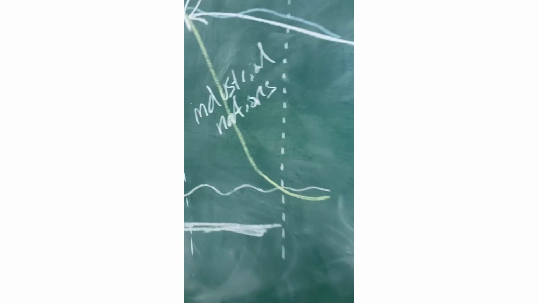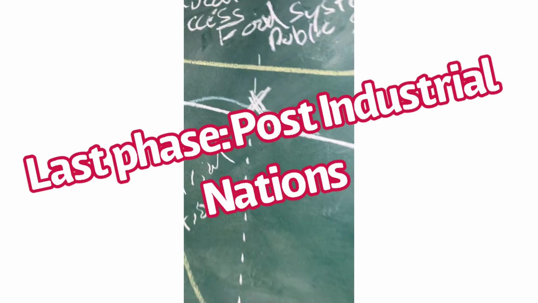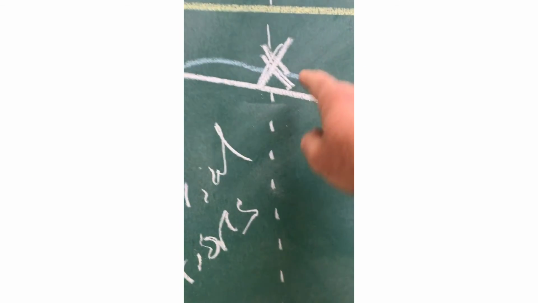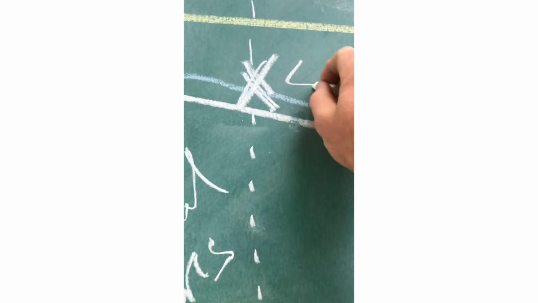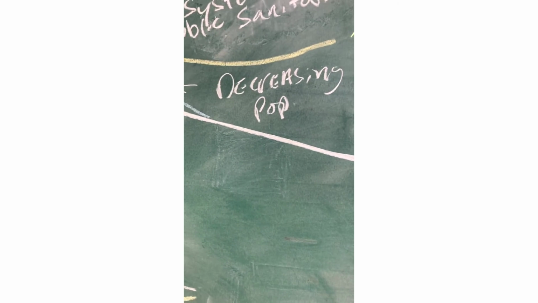So at post-industrial, one of the signs of post-industrialism is an actual decreasing population, except for immigration, people coming in.